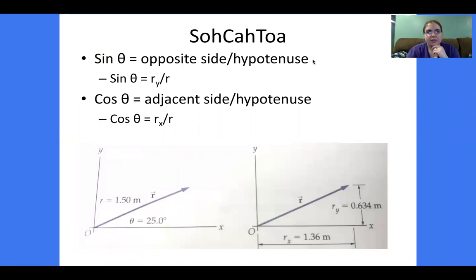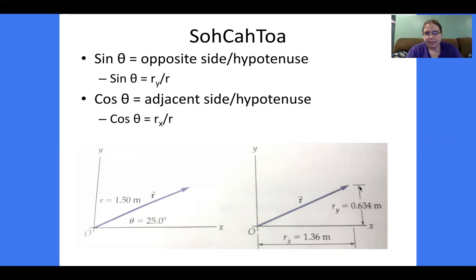What that stands for is sine equals opposite over hypotenuse. So sine of theta, so sine of the angle, equals the opposite side over the hypotenuse.